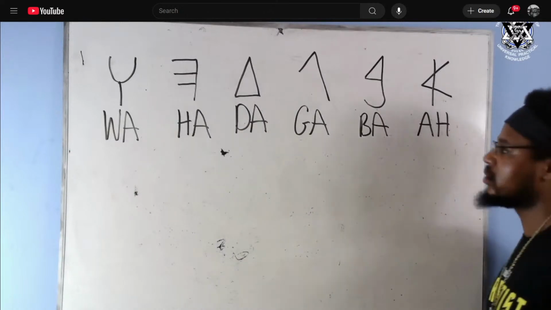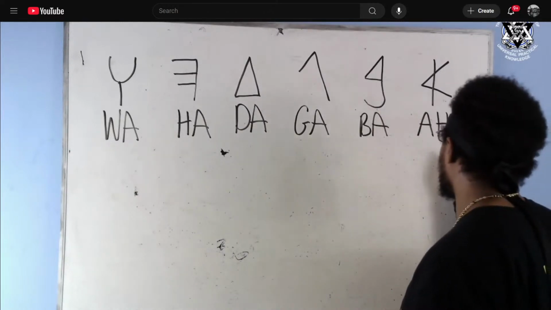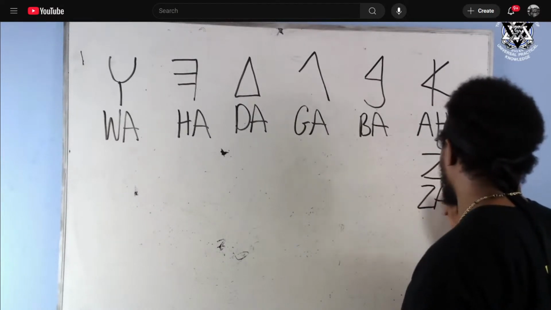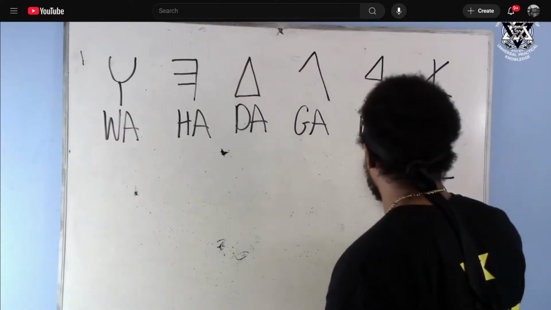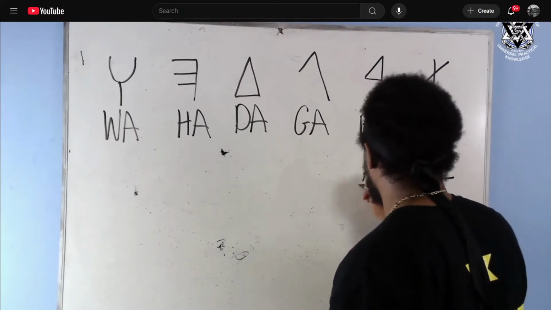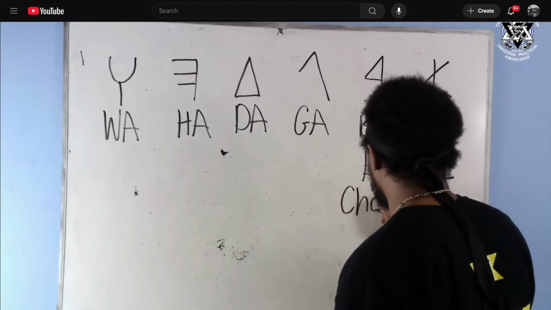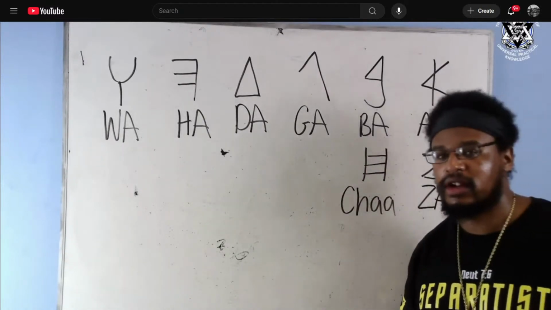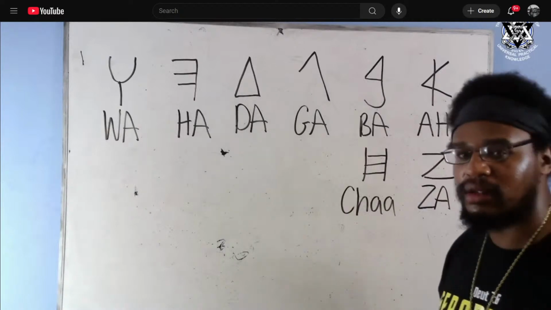Next character is Za. And we got Ha. And this character is pronounced Ha, with the hogs, like what the hog spits out. It's not cha, but ha.